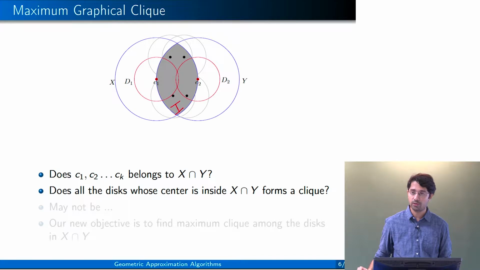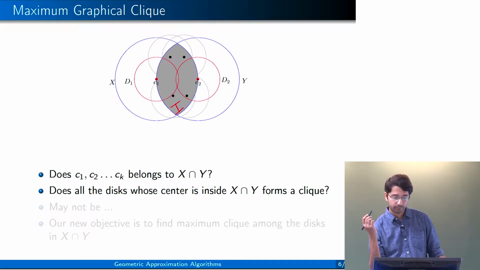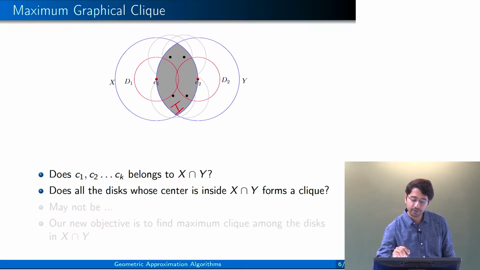What is the radius of these two disks? The radius is 0.5. Radius of each disk is 0.5.